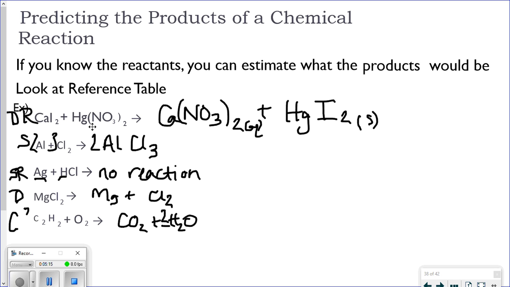That gives us 4 carbons on our reactant side, so we need 4 on our product side. That gives us a total of 10 oxygens on our reactant side. So on our product side we need 10, so we'll have to multiply by 5. Make sure that you go through and practice using these skills and using your reference sheet wisely.